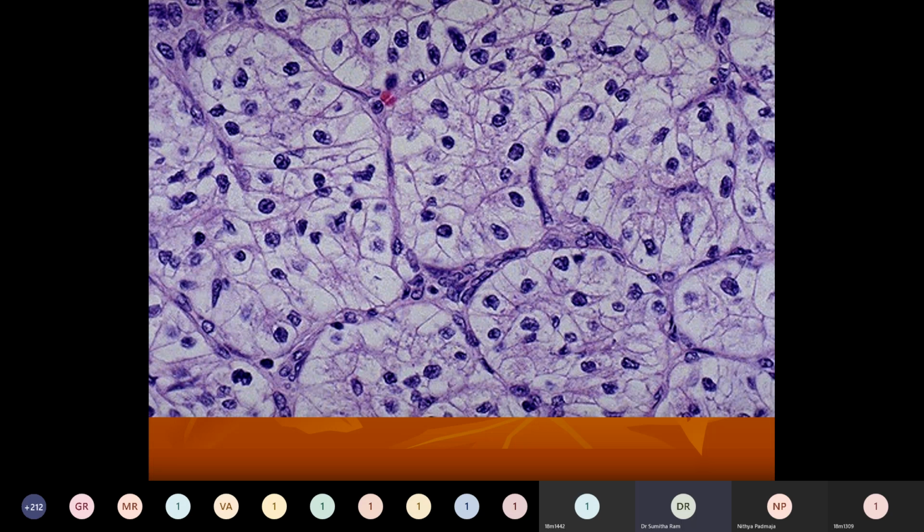There's something called Fuhrman grading, which explains the grade of the tumor. As the grade increases and the tumor becomes worse, nuclear pleomorphism, mitosis and nucleoli can be seen more. That is called Fuhrman's nuclear grading for renal cell carcinoma.